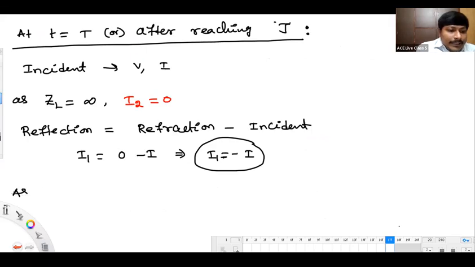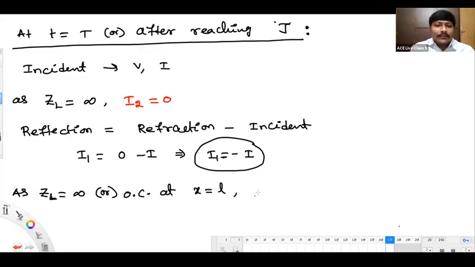So as ZL equals infinite, or open circuit at the receiving end, open circuit at x equals L, right? The outgoing current I2 equals 0, you write simply. Refracted current equals 0, right?